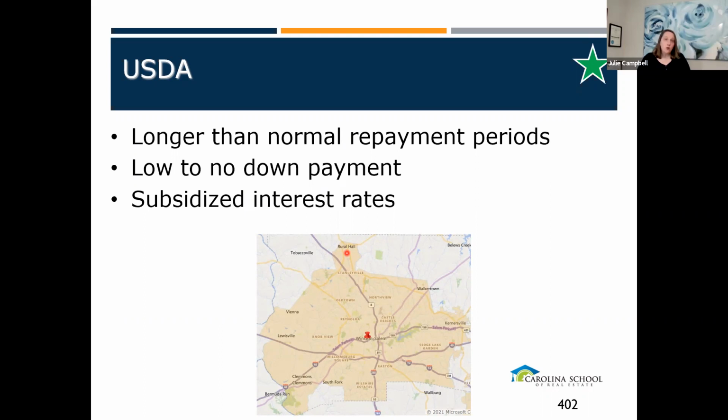There's usually little down payment for borrowers that qualify. And then they may have subsidized interest rates, which means they don't accrue interest. You're deferring some of those interest payments. Think about like your student loans, when you can defer your student loans.